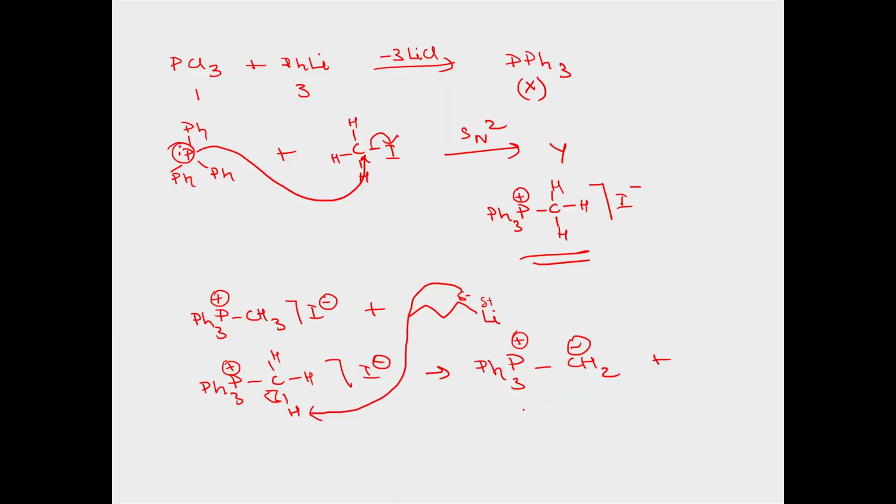So this plus butane plus LiI is what we will get. So this could also be written as PPh3 plus and CH2 minus. So this is nothing but an ylide, PPh3=CH2.